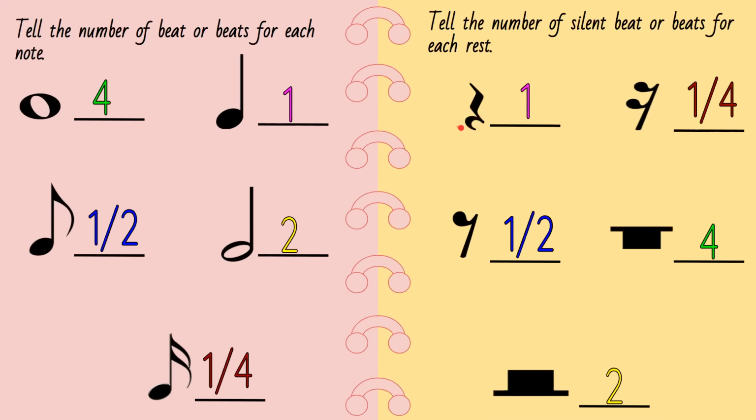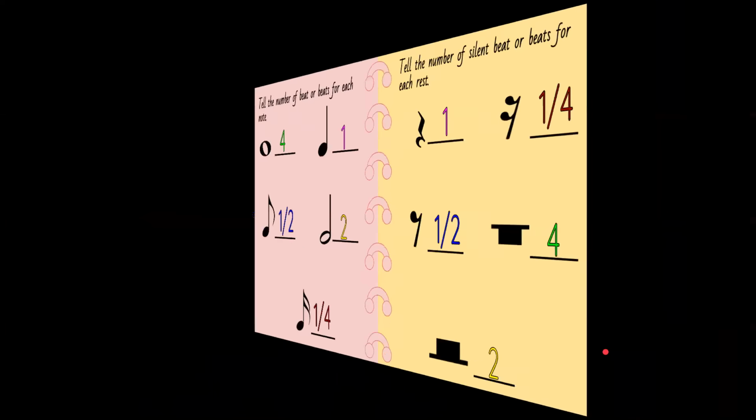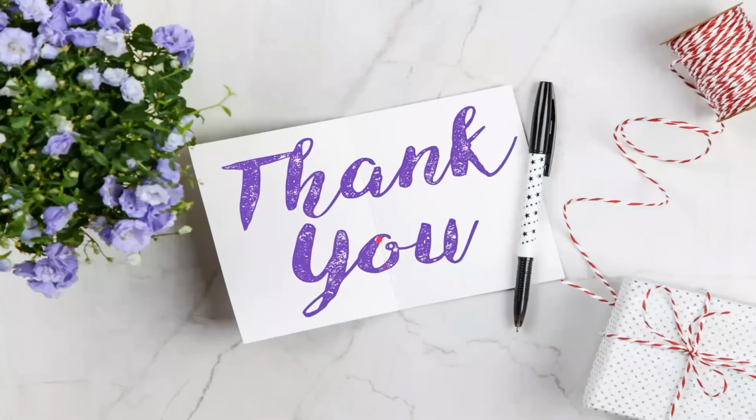For quarter rest, it receives 1 silent beat. 16th rest, 1/4 silent beat. 8th rest, 1/2 silent beat. Whole rest, 4. Half rest, 2. Correct. Okay, so we're done.